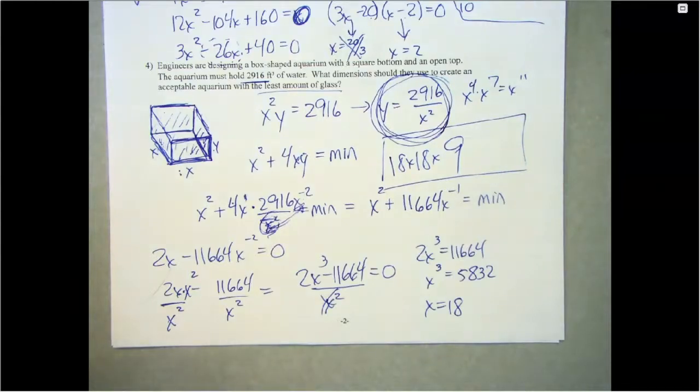Yeah, I think you're right. And then divide it by 2916 divided by 324. I get 9. So that's that one. That doesn't ask me for the volume. Wait, what? It should give me 2916.